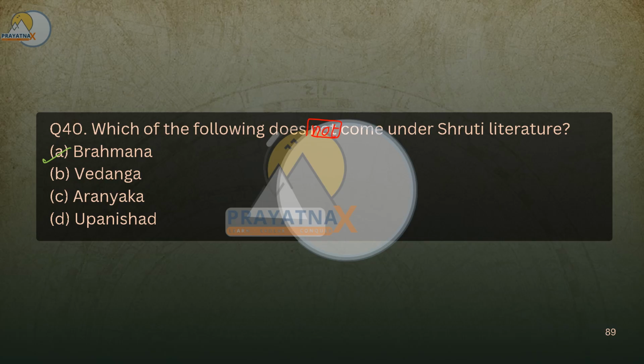So Vedanga is not under Shruti. It comes from the post-Vedic literature. Now Vedanga is basically limbs of Veda, as the term suggests. Ved and Anga. Anga means limbs. So these had about 6 auxiliary principles associated with it.